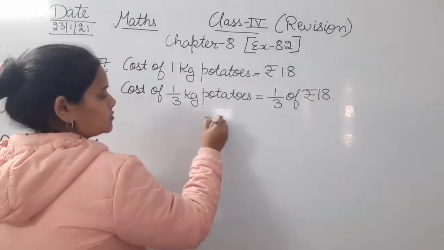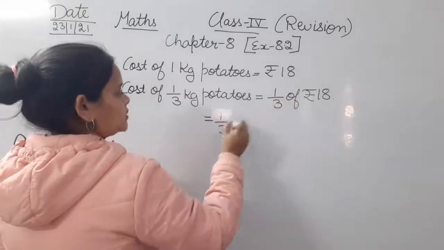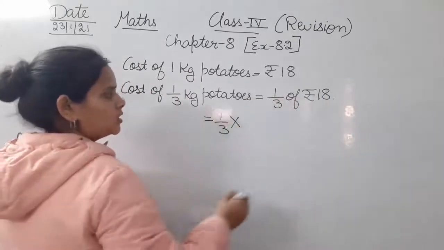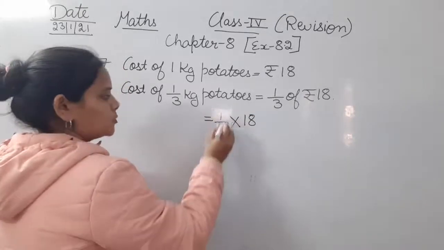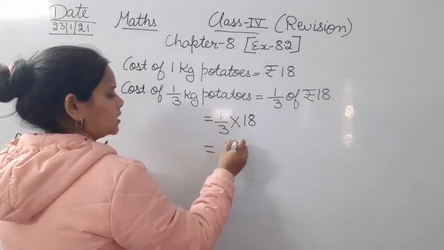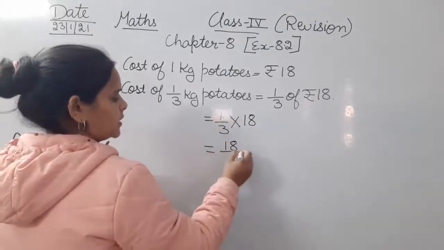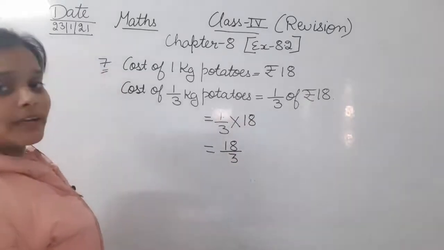Okay, so as it is 1/3. Okay, of will change into sign of multiplication. 18 will be same. Okay, so numerator will be multiplied by 18. 1 multiplied by 18 is 18 divided by 3. Okay, divided by 3.